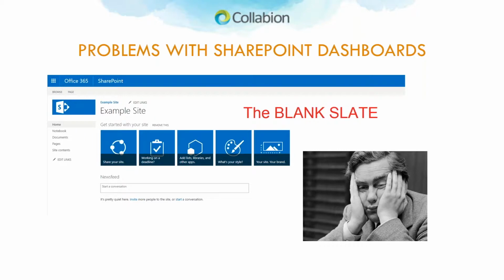The good news for those of you in Office 365 is that Collabion does have a charting app that's recently been released. I really recommend that you get on board early. It's an excellent deal, it costs only a little bit of money, and it's going to continue to improve.